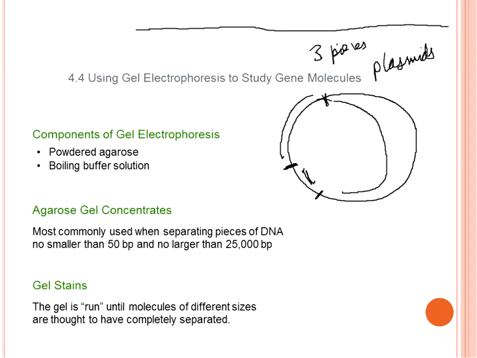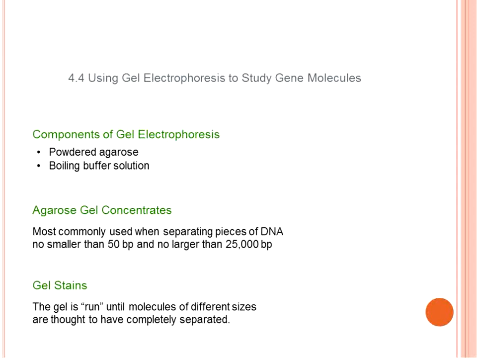Okay. Now, what is a gel? Gel is nothing but a piece of Jello. You know, at home you make Jello by dissolving the Jello mix in hot water, and then you cool it down, right? The same thing with an agarose gel.